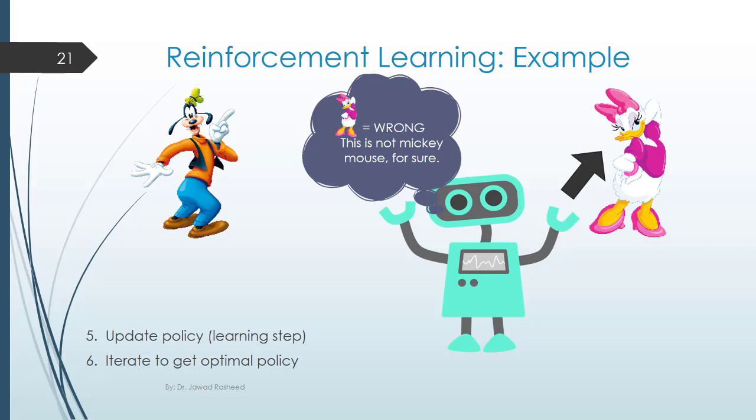I should learn harder, so that I can identify properly. So it iterates again to get the optimal policy, again and again, and these steps are repeated until it gets the optimal policy.